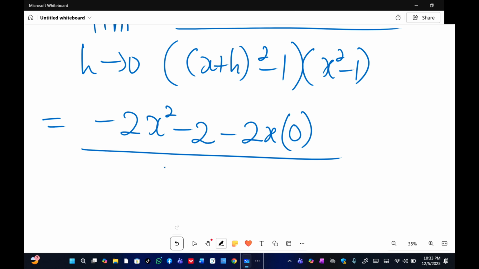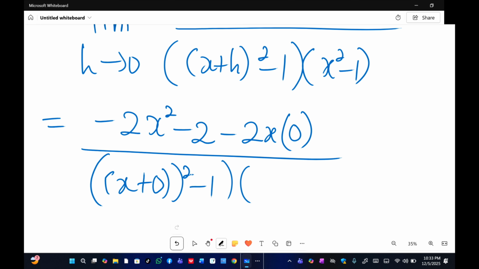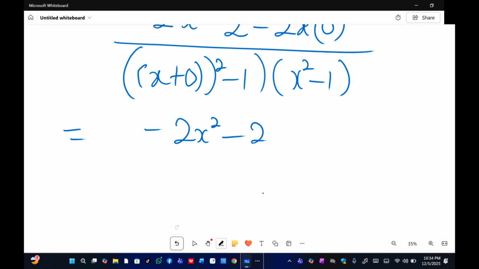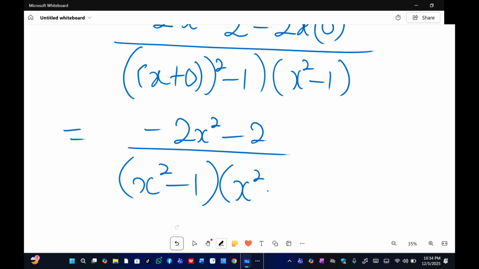Then everything divided by our denominator again, but now you are going to replace the h with 0, all squared minus 1, then in bracket multiplying x squared minus 1, so that we are getting closer to the final result. So we are going to get negative 2x squared minus 2, all divided by, so in the first bracket of the denominator we are going to get x squared minus 1, then multiply another x squared minus 1.